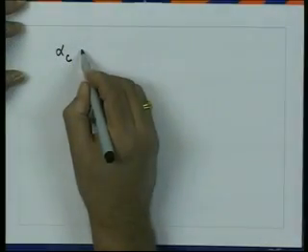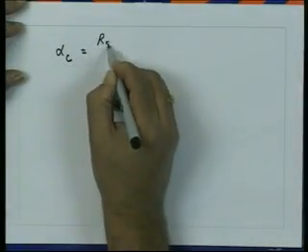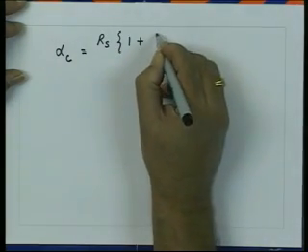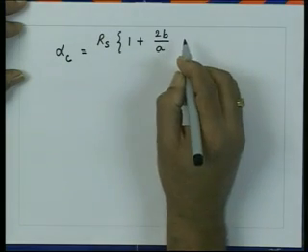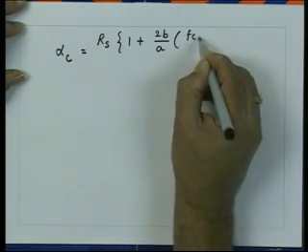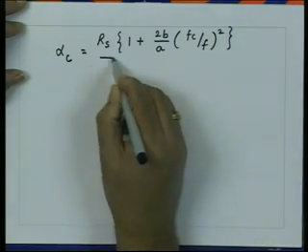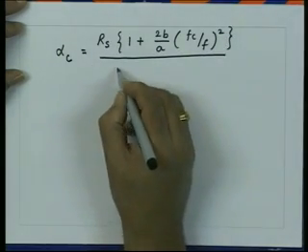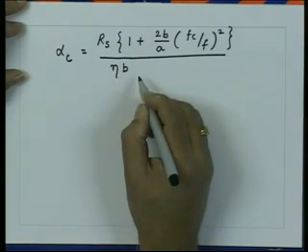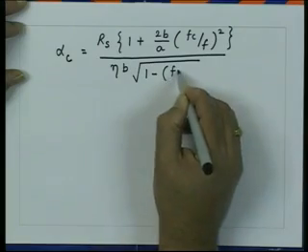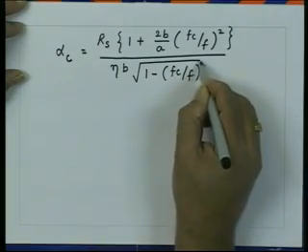Then we can calculate the conductor loss, the attenuation constant due to the finite conductivity of the walls, and that, as we know, is given as the surface resistance into 1 plus 2b upon a, fc upon f whole square, divided by eta b square root of 1 minus fc upon f whole square.